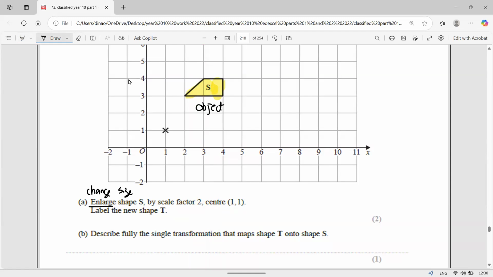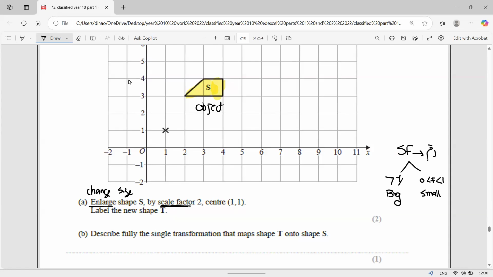You will always find that after the word enlarge, there is a number. This number is called a scale factor. This scale factor is either going to be greater than 1, and in this case your shape will become bigger, or it is going to be between 0 and 1, meaning a half, a quarter, a third, and in this case your shape will become smaller.